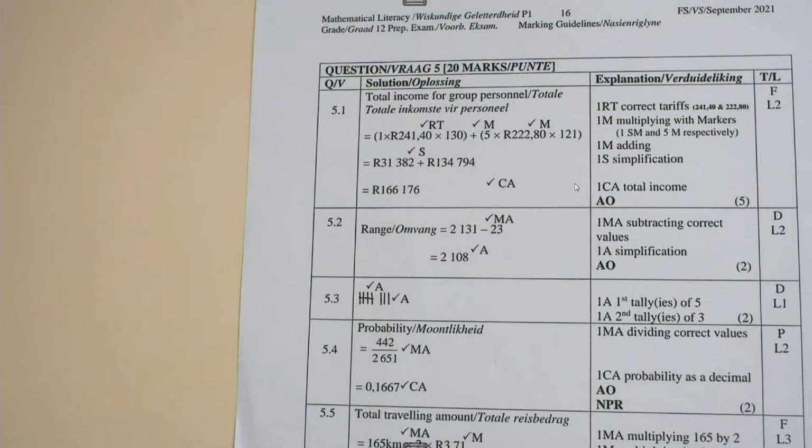It's 1 multiplied by 241,40 multiplied by 130, that is for senior marker, and then plus 5 times 222 rand and 80 cents multiplied by 121, that is for a marker. And that 5 stands for number of markers, which is 5 markers. Then you multiply and then you get the answers.